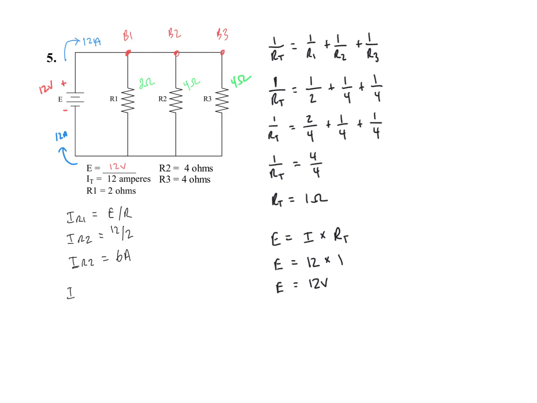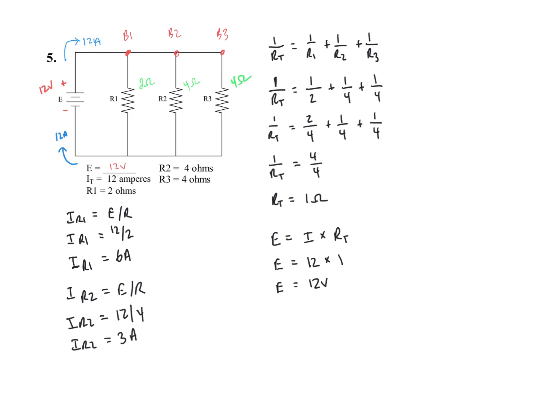And then if we do the same thing, sorry, I made a little boo-boo there. I transferred the wrong thing. This should be R1, and this one will be R2. Again, same thing. IR2 is equal to 12 divided by 4, so IR2 is equal to 3 amps.